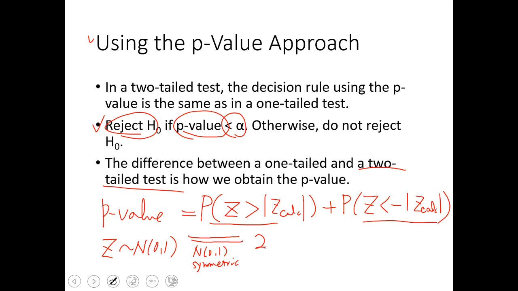So we just say 2 times the probability that Z is greater than the absolute value of the z statistic. That is the equation for the p-value of the two-tailed test. Okay?